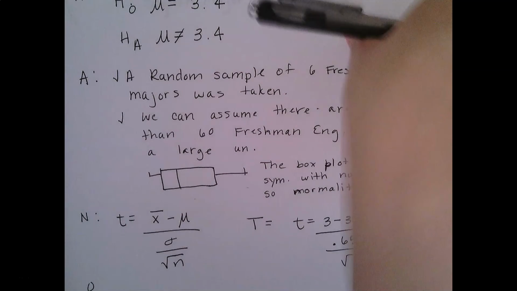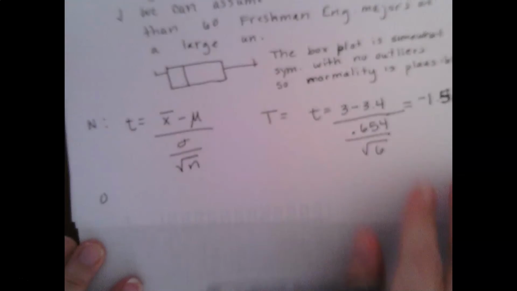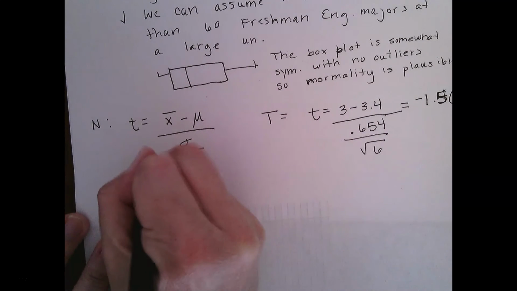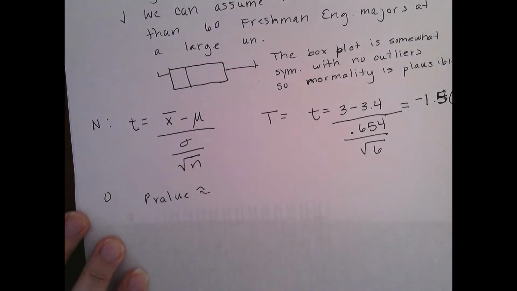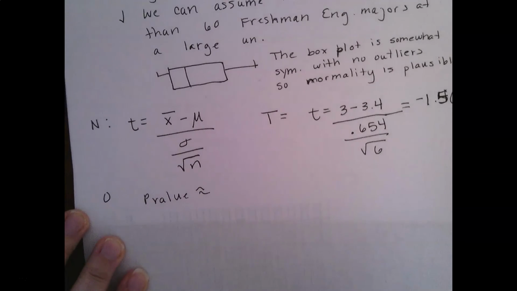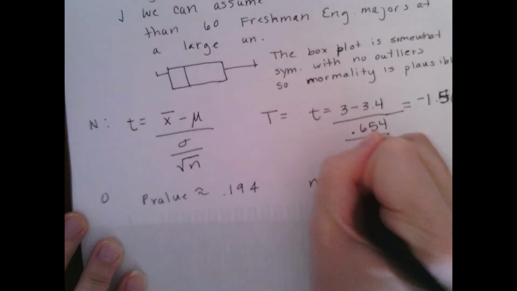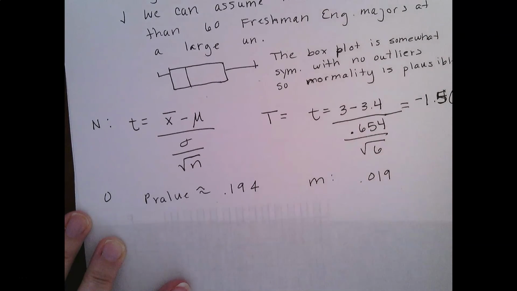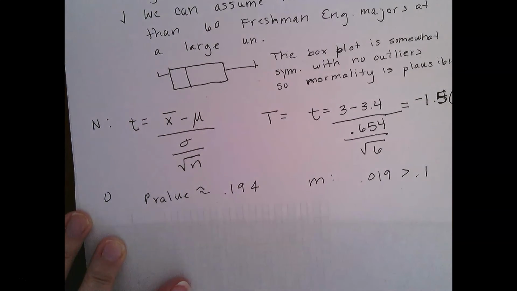I'm going to move this up so you can see it. My observed p-value is approximately 0.194. So my M is going to be fail to reject because that's greater than.